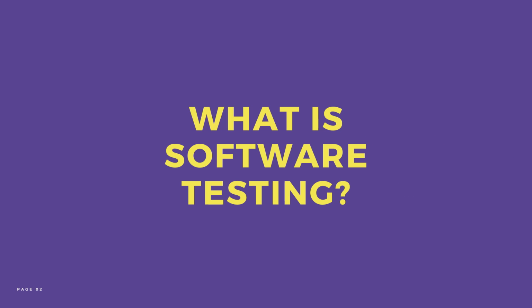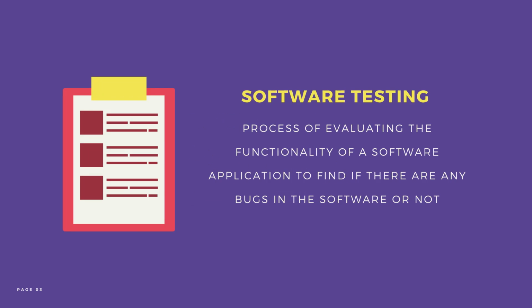What is software testing? Software testing is a process of evaluating the functionality of a software application to find if there are any bugs in the software or not. It checks whether the developed software meets the specified requirements and detects any defects in the software in order to produce a quality product. Testing is evaluating a system in order to identify any gaps, errors, or missing requirements contrary to the actual requirements.